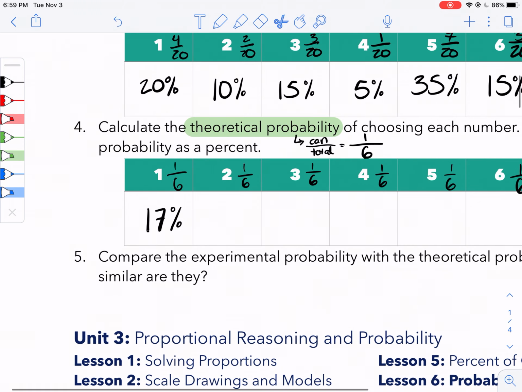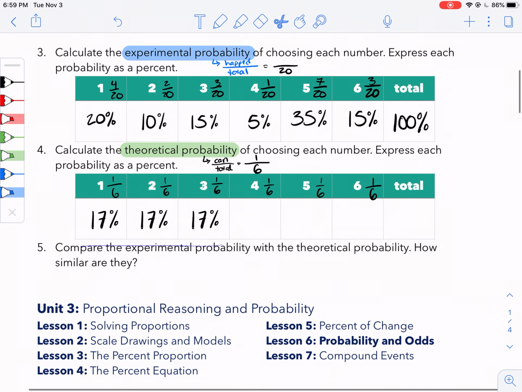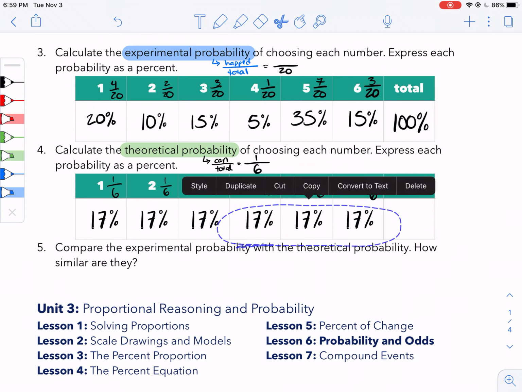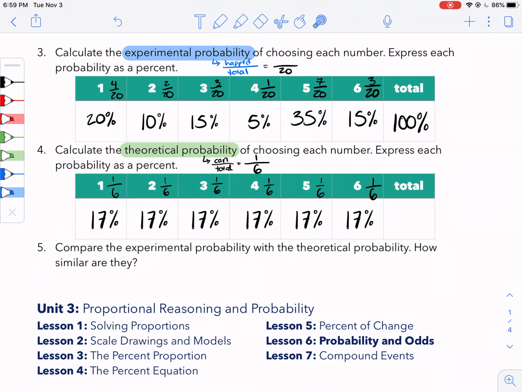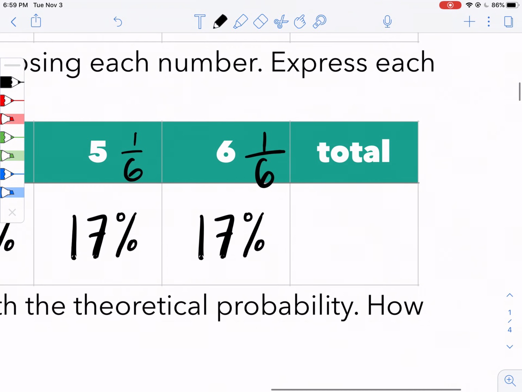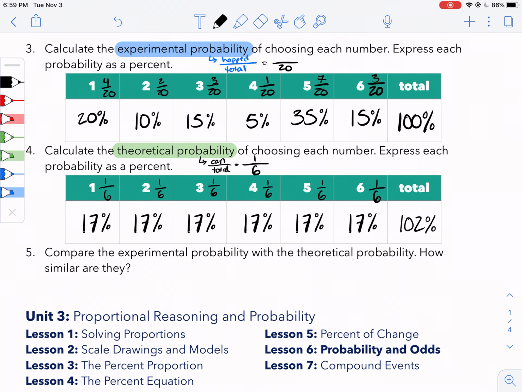So they all have a 17% probability of happening. Cool, they're even. Now I know this adds up to a little bit more than 100. That's 60 plus 42, it adds up to 102% because we rounded up each time, but that's close enough.